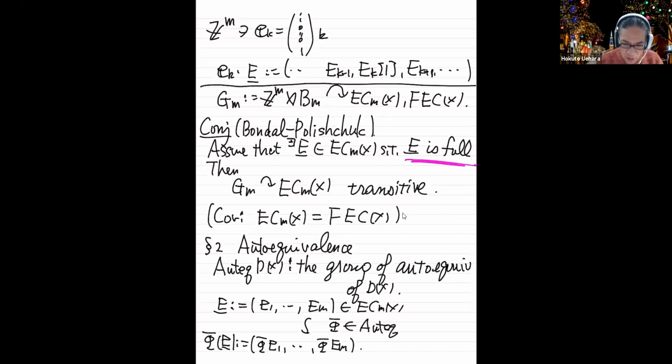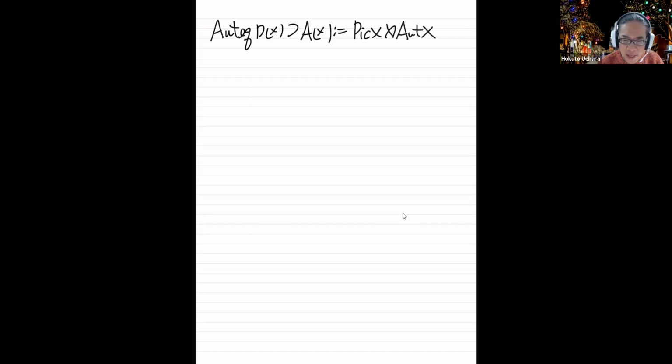And usually, no, always, the autoequivalence group contains the following subgroup, which is generated by Pic(X), Aut(X), and the shift functor.